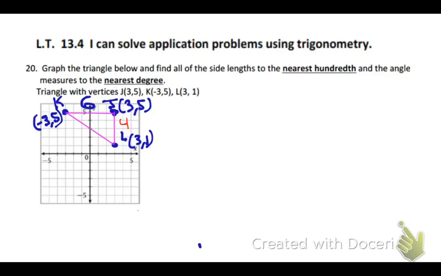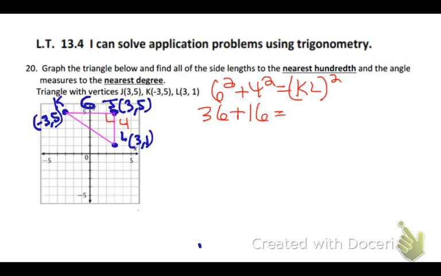Okay, 6, 4. And then we could use the Pythagorean theorem to find the hypotenuse. So let's do 6 squared plus 4 squared equals the hypotenuse, which is KL squared. So we got 36 plus 16 equals KL squared.